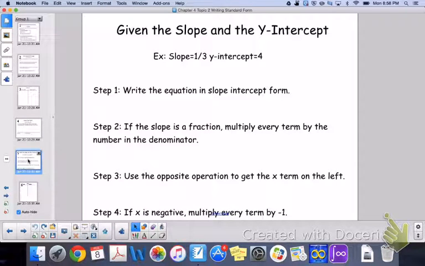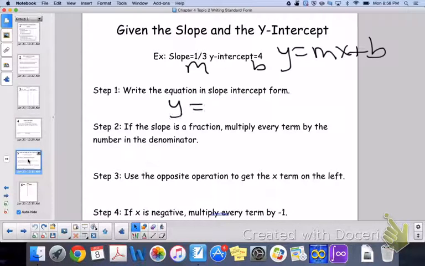Alright, last one. Given the slope and y-intercept. Alright, when we are given the slope and y-intercept, remember back to chapter 3, we can just write it in slope-intercept form. Y equals mx plus b. So, slope, remember, is your m. The y-intercept is b. So our equation, y equals 1/3 x plus 4. Step 2, if the slope is a fraction, multiply every term by the number in the denominator.